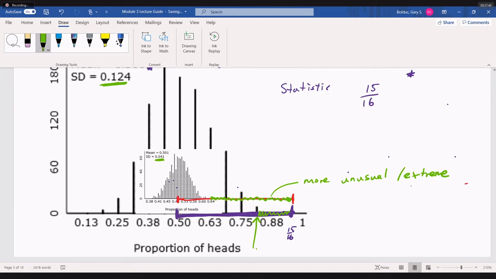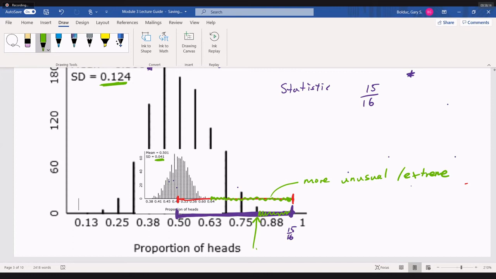So the same number, the same statistic can look more or less extreme based on your chance model being more or less spread out. So it can't just be how far you are, it's also got to be something about your actual chance model and how spread out the simulated statistics in that model are.